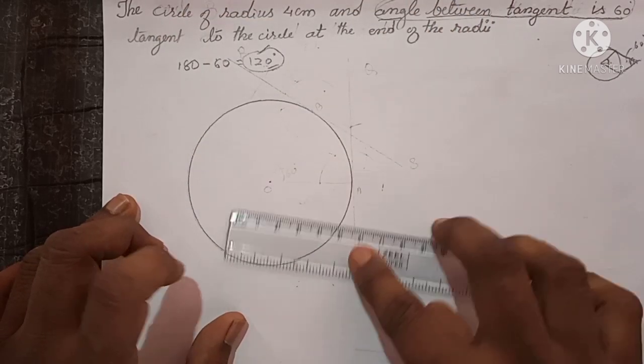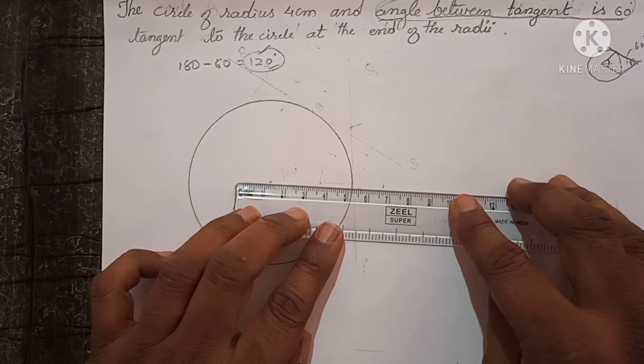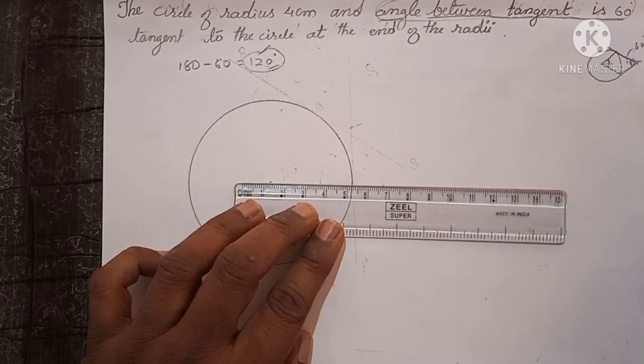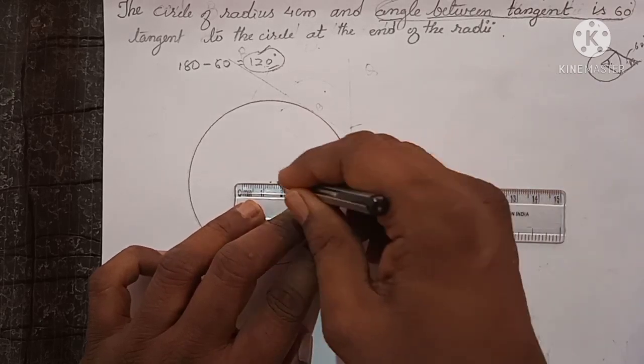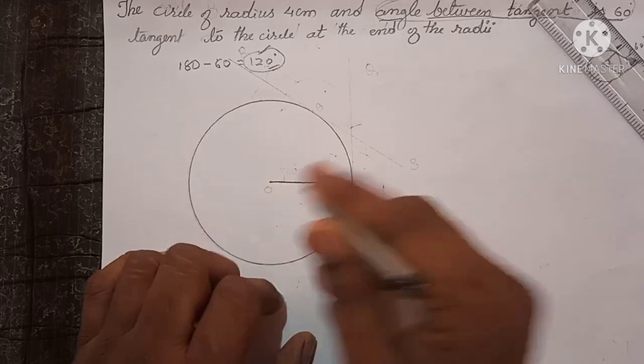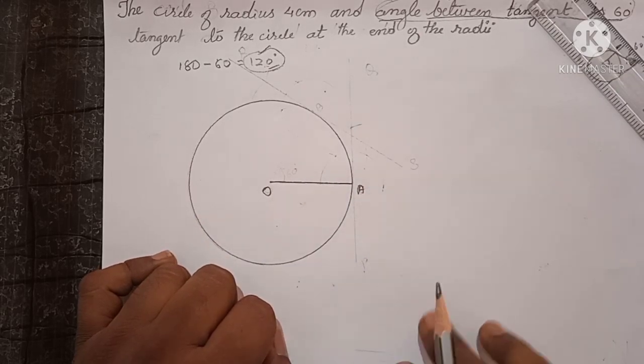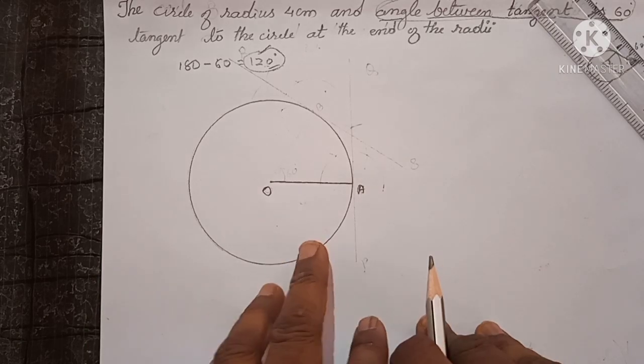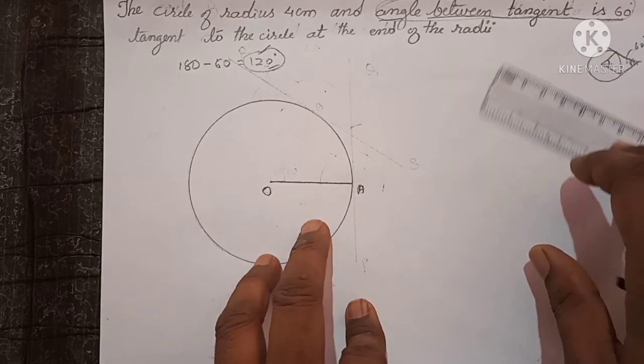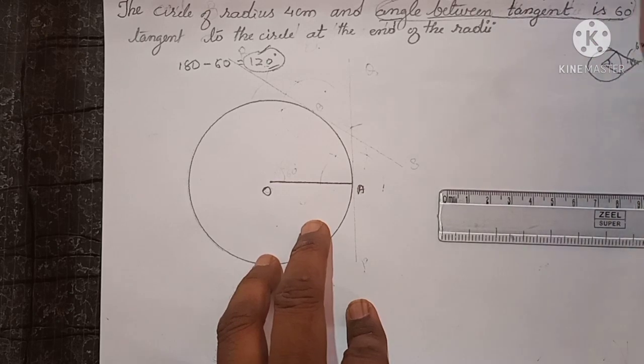Draw the first radius, OA, which is the radius. What is the angle between the radii? The angle between the radii is 120 degrees.